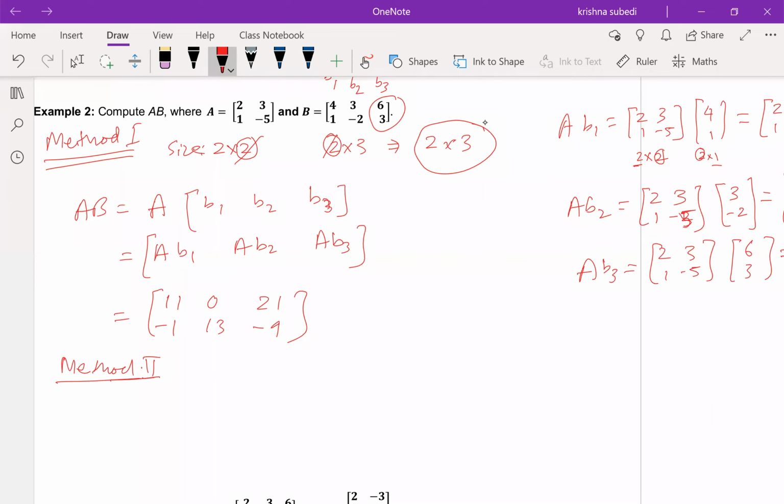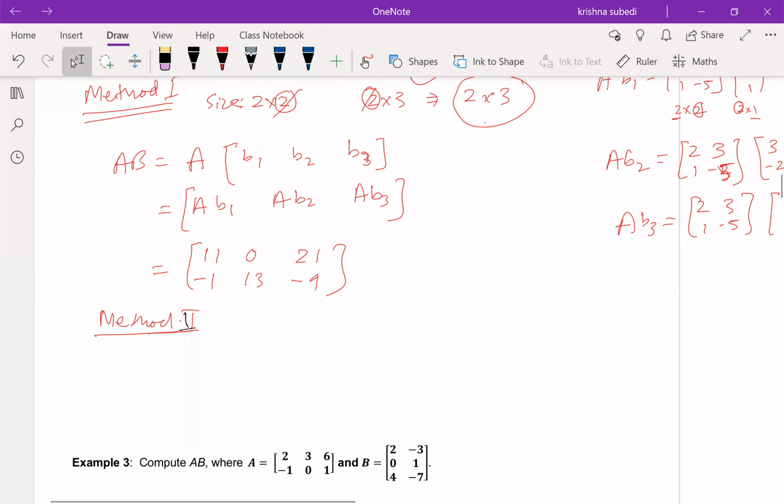Okay, method 2. For the same thing, I don't want to spend a lot of time like that. At the beginning, if you go for that way, I think it makes more sense and it's less confusing. But once you are familiar with the matrix multiplication, then you don't have to go that route. It takes a lot of time actually.